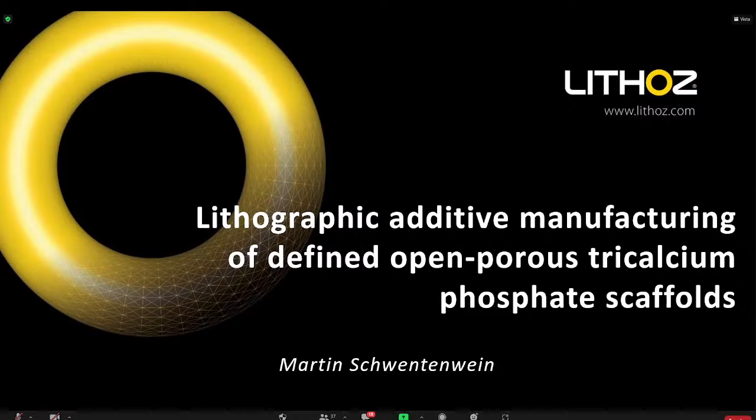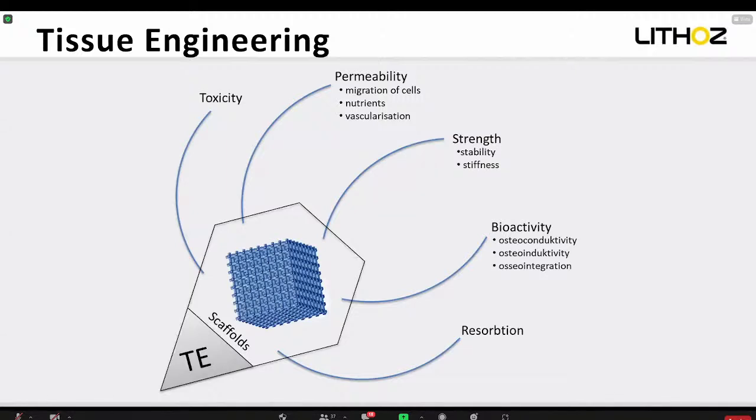The subject of this work was lithographic 3D printing of tricalcium phosphate ceramics. This class of ceramics is a very interesting material for medical applications, in particular for tissue engineering, because the ceramic resembles the inorganic content of native bone tissue to a very high degree.